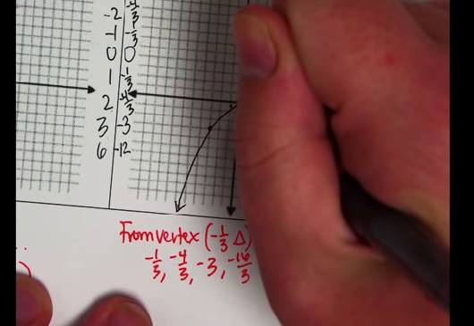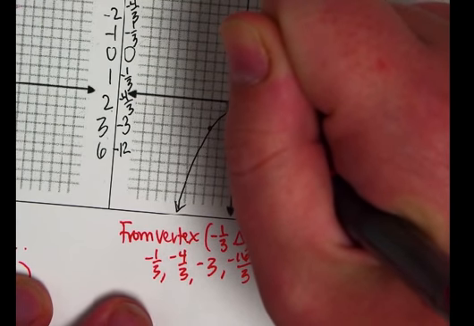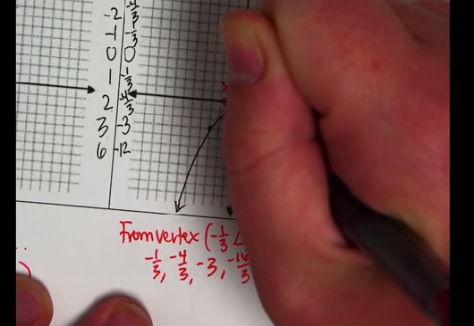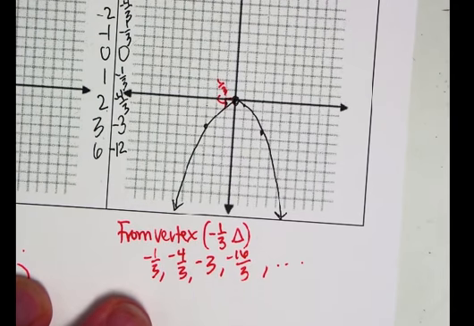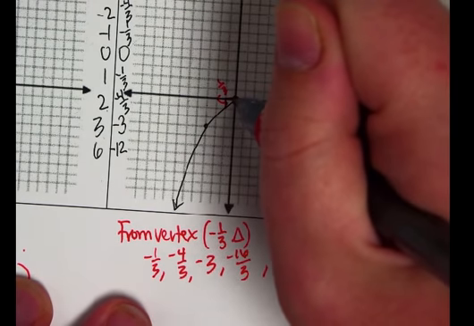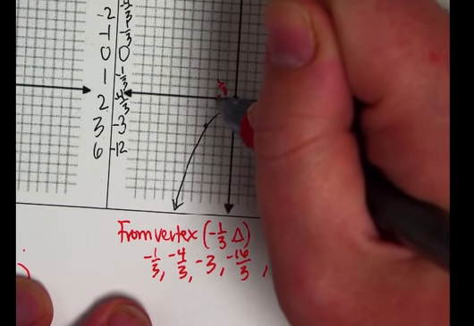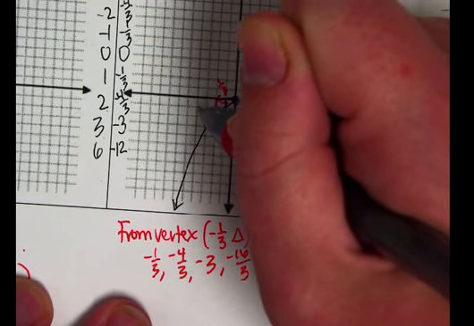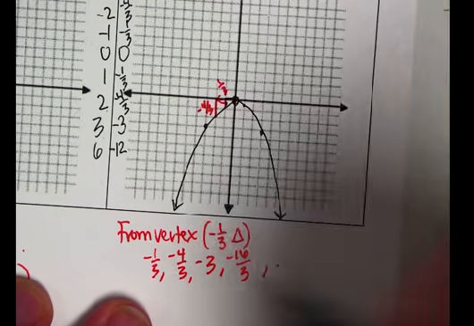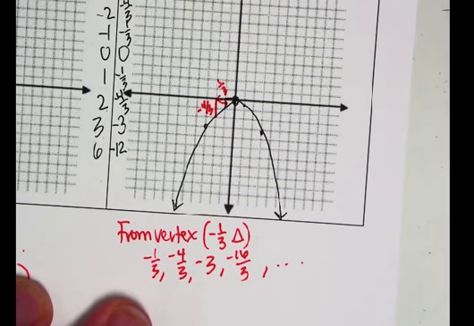From the origin, if we go left 1, we're only going to go down 1/3. Okay, that vertical distance we went down was only 1/3. If from the vertex, we go over 2, we're going to go down 4/3.